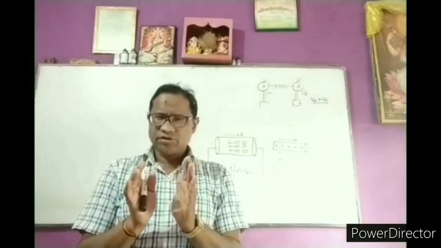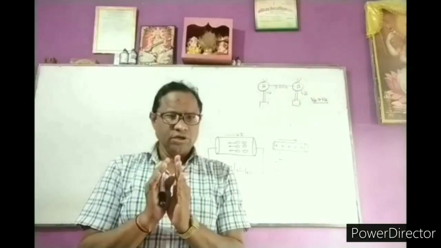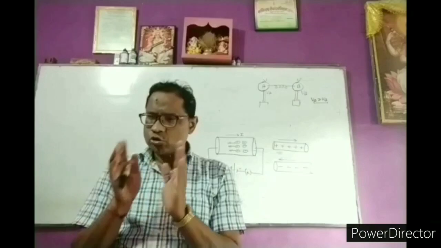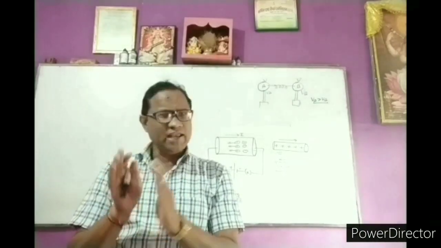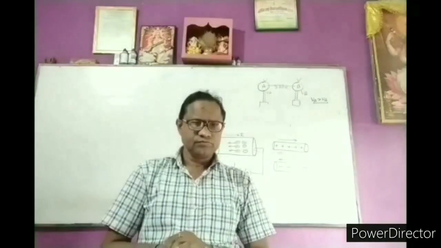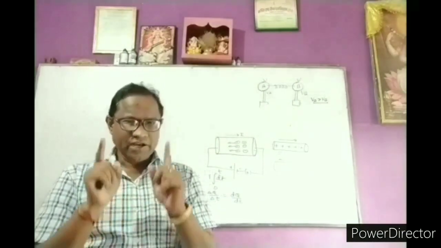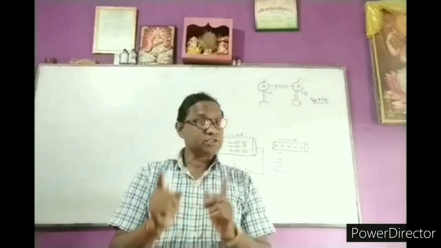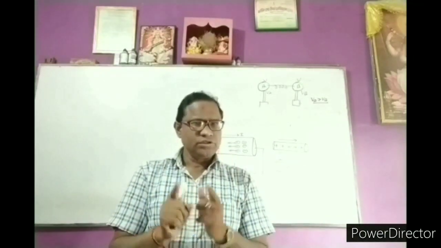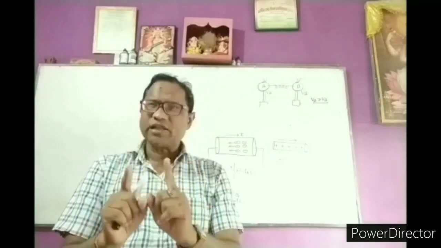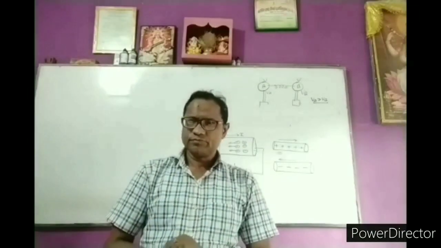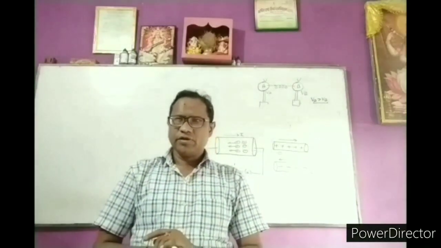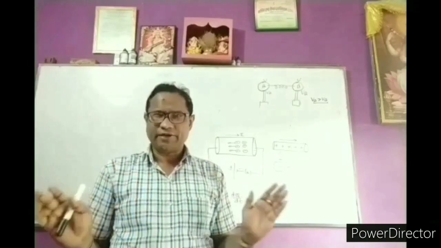So as the electrons are negatively charged particles, the direction of electronic current, that is current constituted by the flow of electrons, is opposite to that of the conventional current. It is the direction of electric current.